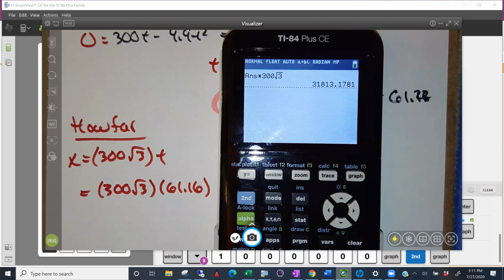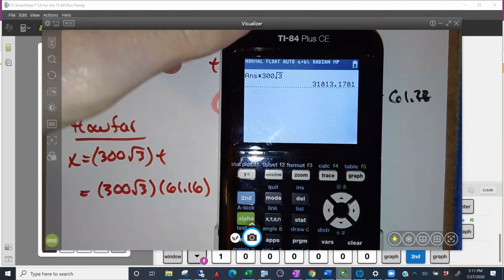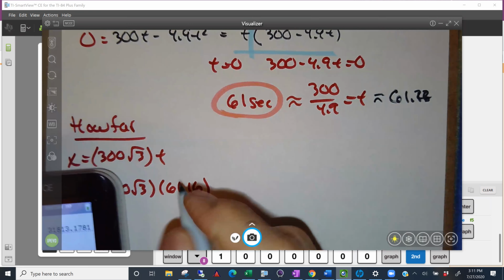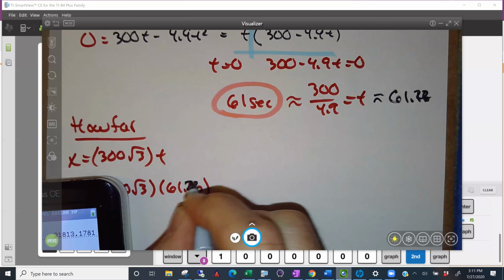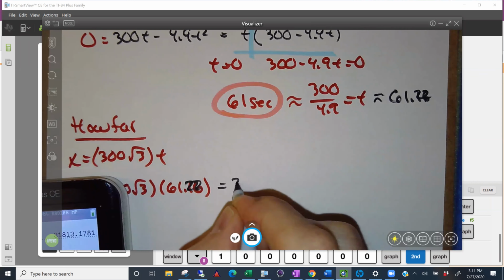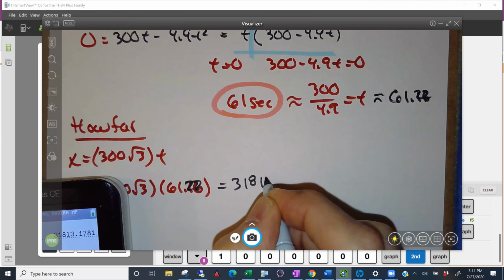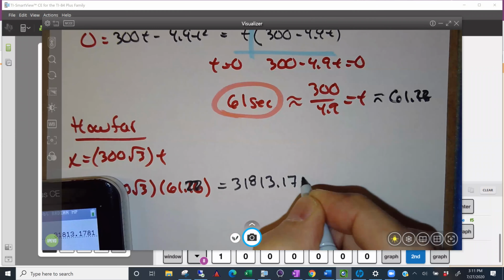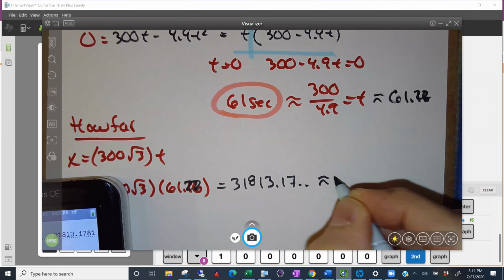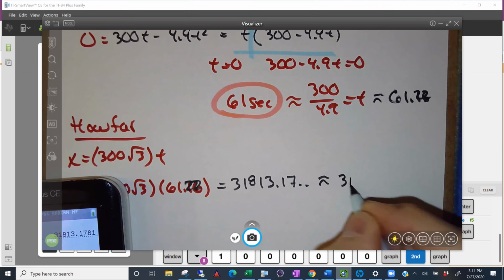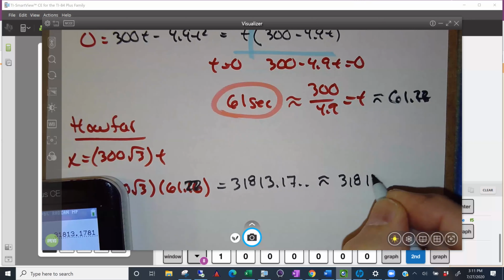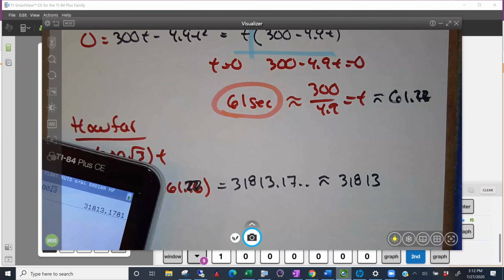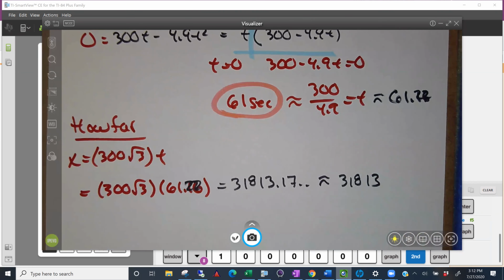That's now matching what I got from WebAssign. So it should be 31813.17, etc. But again, kind of like the last one, they want it rounded to the nearest integer anyways. So 31813, and that'd be meters.